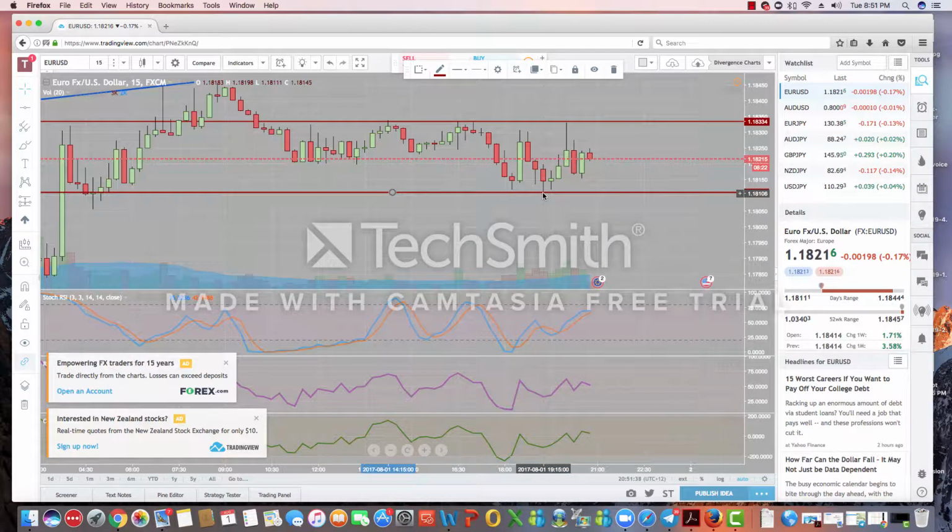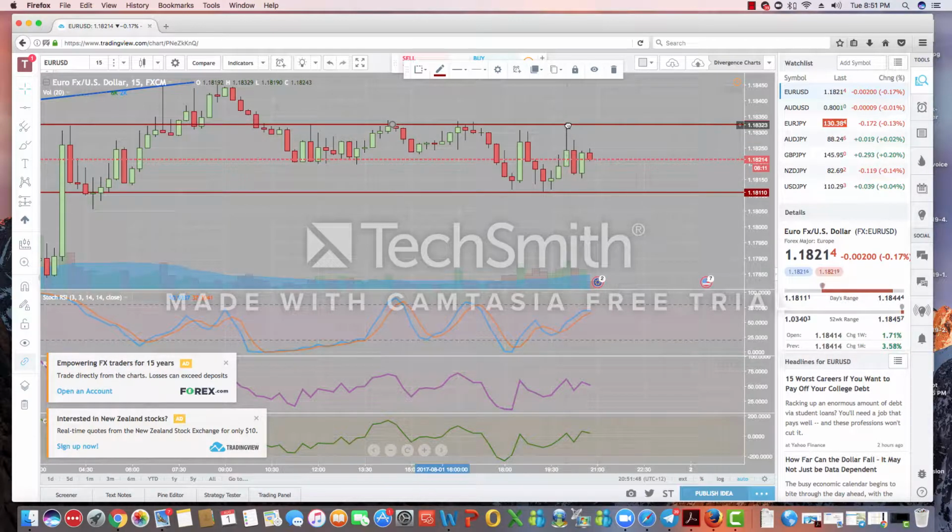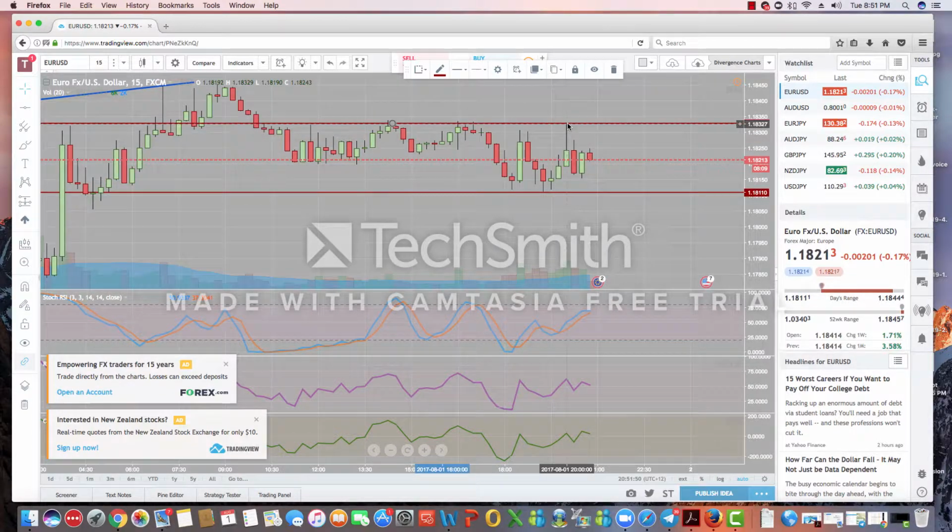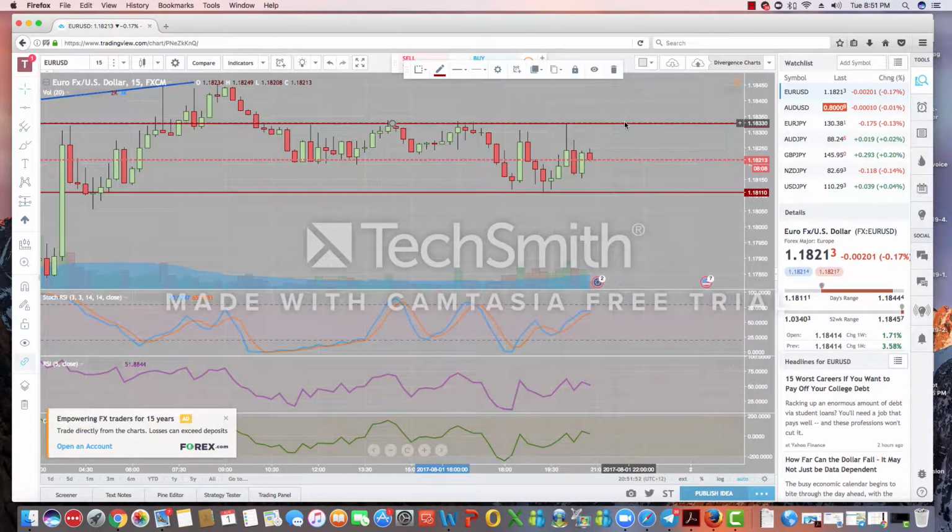Why I've moved it there, we've got a touch here, and we've got a touch here where price has respected it on the M15. This is our most recent high, so I'll go for that one.